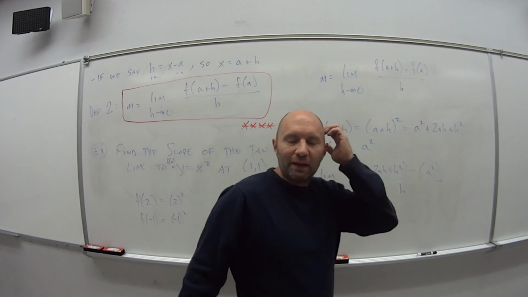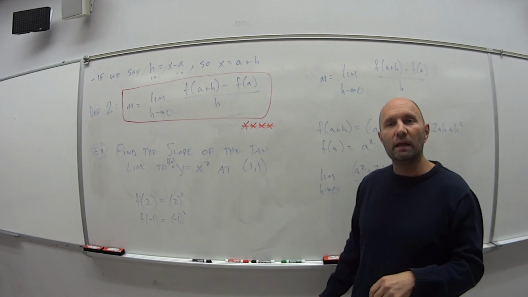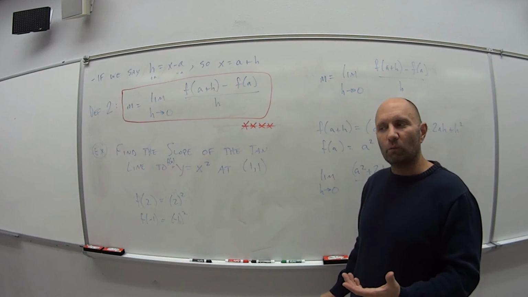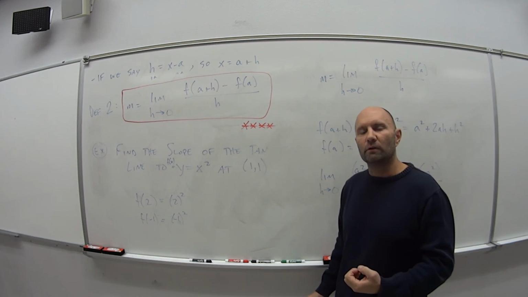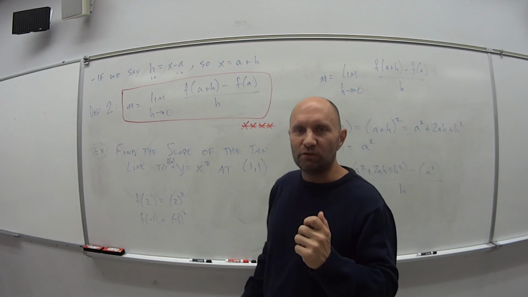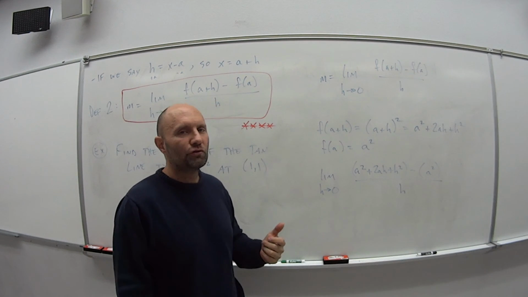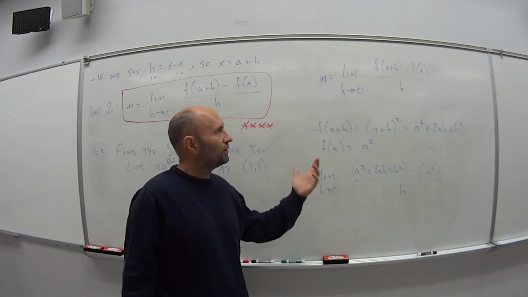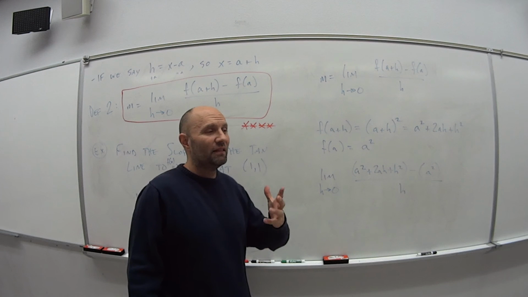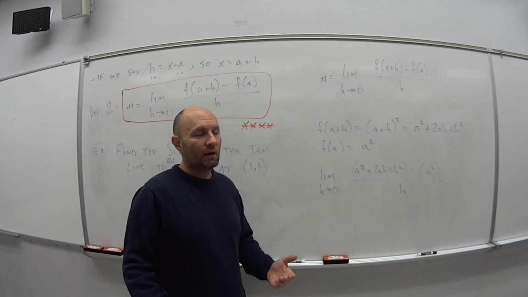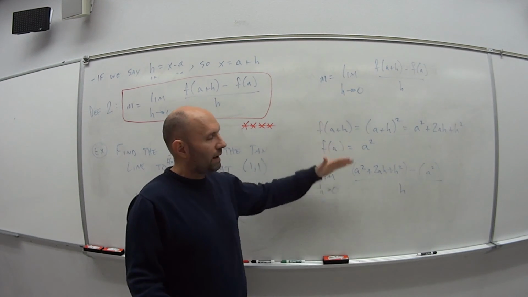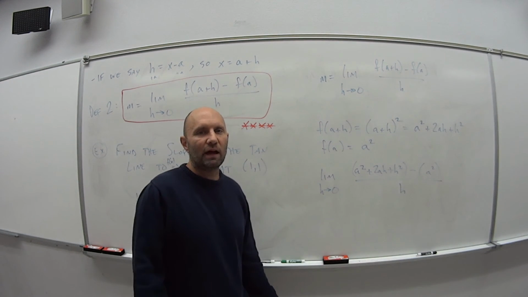The very first video that I did for Math 181 was what? What did I tell you guys? I told you that your algebra skills are going to be so critical here, that you need to be super careful with what you're doing as you're distributing, especially when you start dealing with negative signs. And this is really the first case where it's super critical, because some of these problems might take you a whole page of algebra.